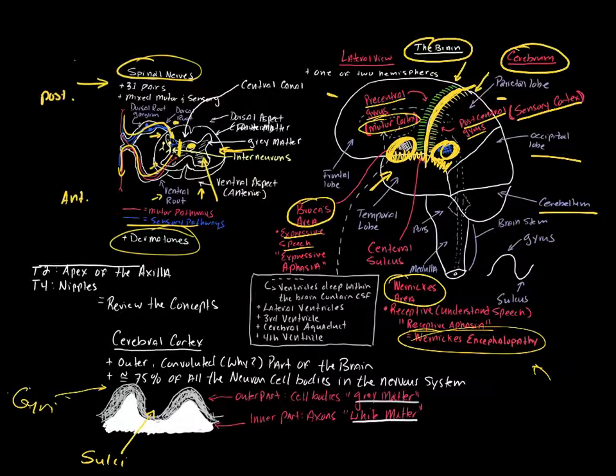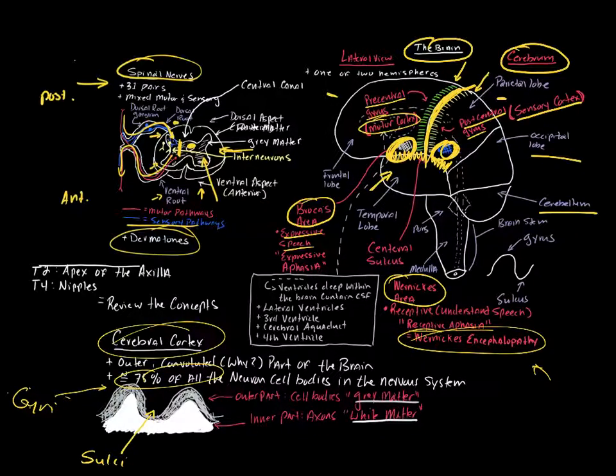Okay, so a couple more things. Approximately 75% of all the neuron cell bodies in the nervous system are in the cerebral cortex, the outer part, right? And the cerebral cortex, like the spinal cord, is divided into gray and white matter.